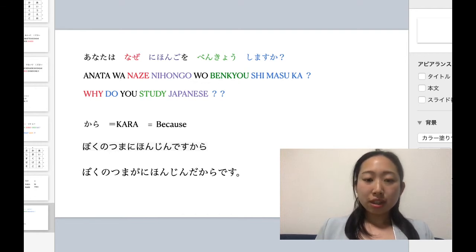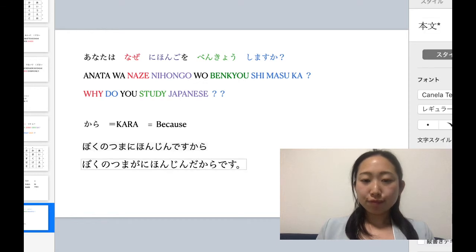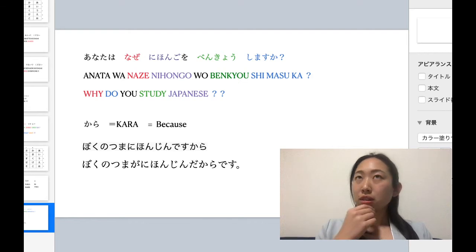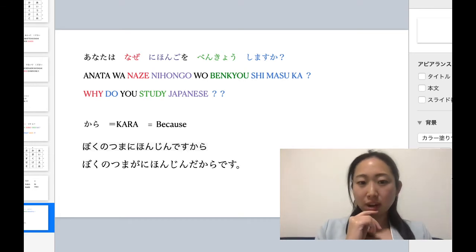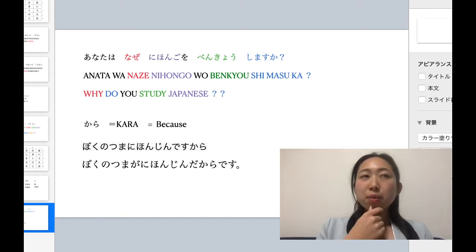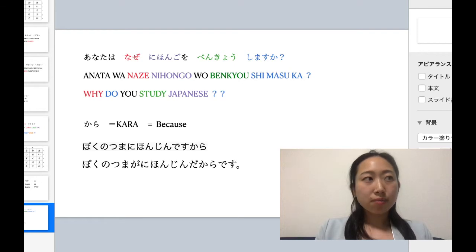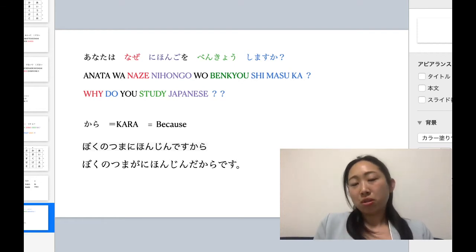And actually, in this case, the reason, your wife being Japanese is not like a very specific reason for studying Japanese, right? Your wife is Japanese, and because you want to talk to her, or maybe you want to communicate with her, you want to learn Japanese, right?